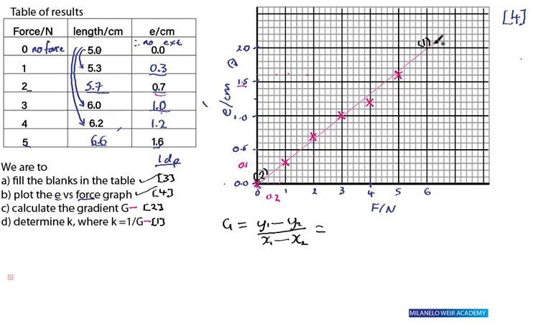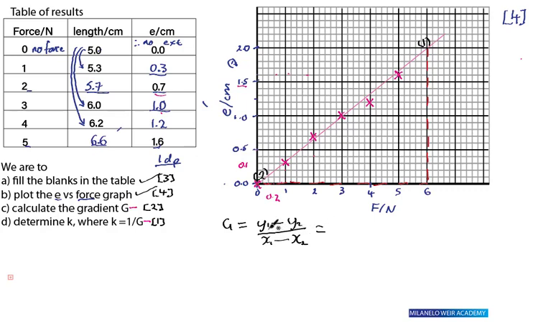I should have chosen a different color for this. Let me do that quickly. Well, I've changed the color, so I'm going to show by this. This is how I show it. You have to do this so that your examiners see the points that you have used, right?